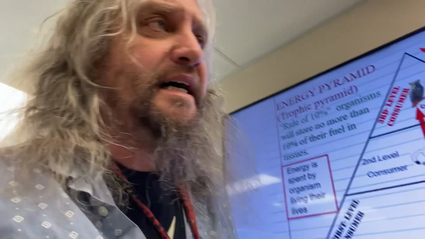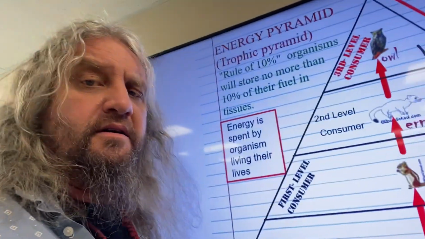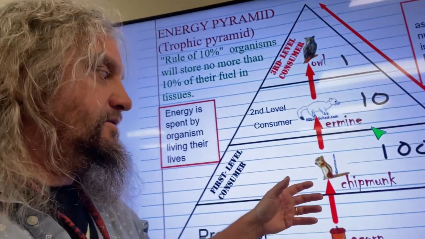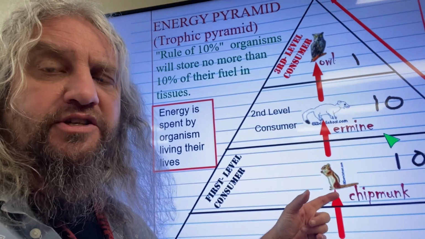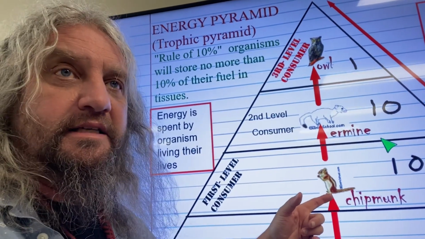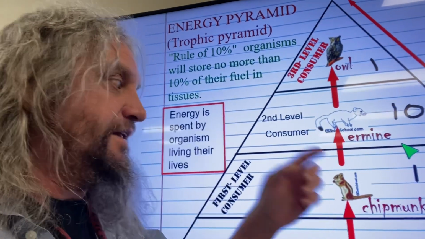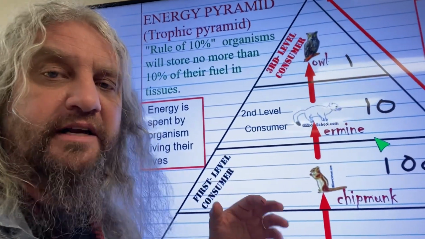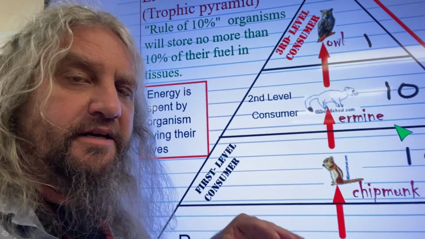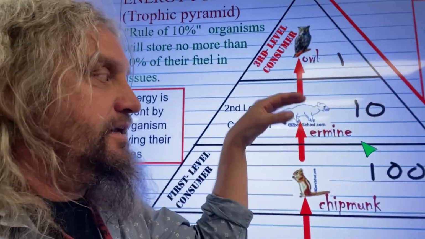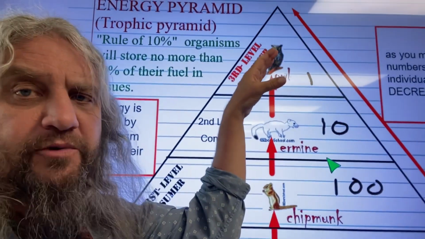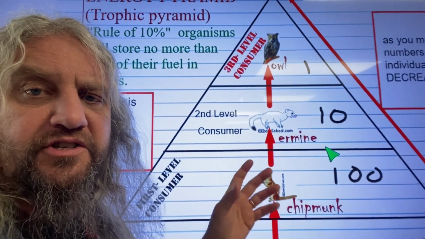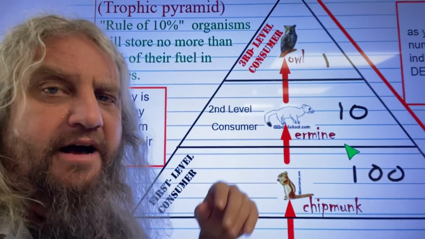This is what's cool as an ecologist then, is you could say, okay, we know how many chipmunks there are. There are 50 chipmunks. Well, we know that could support 5 owls because of the rule of 10%. As you go up the energy pyramid, it's 10%. And that way, chipmunks would not have to worry about owls in this environment because there's just not enough chipmunks to support an owl.